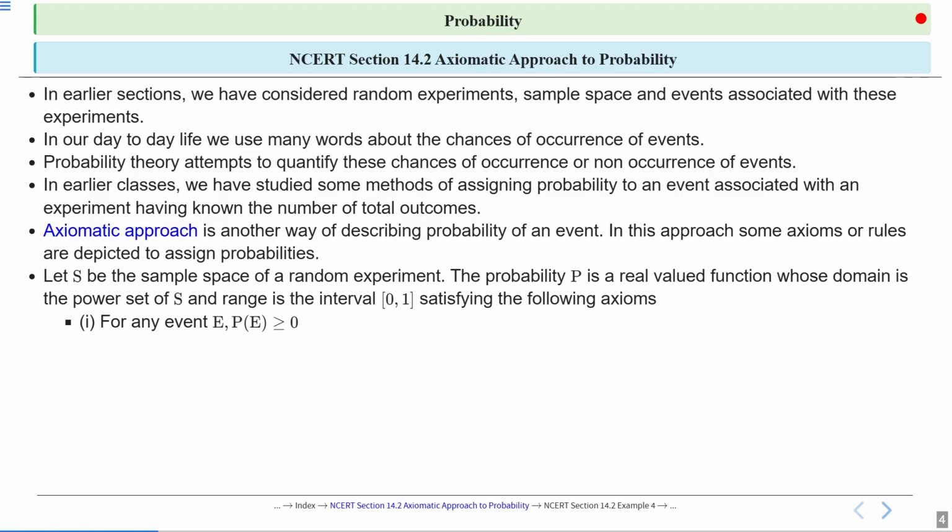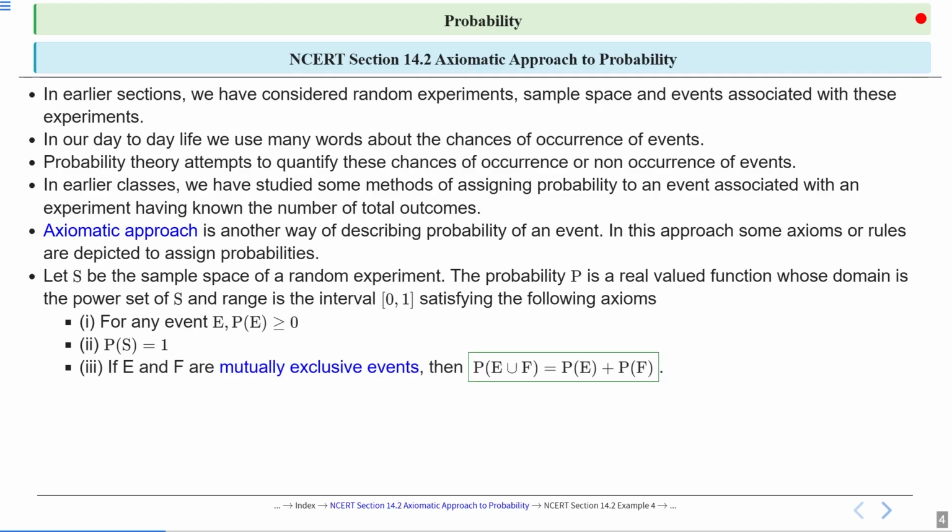For any event E, P of E is greater than or equal to 0. Clear? And the second axiom: if we take the probability of the sample space, that must be equal to 1. So probability of S must be equal to 1.